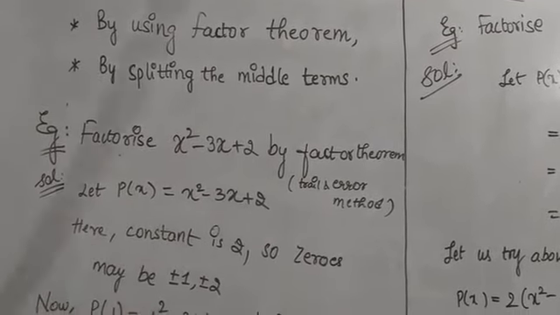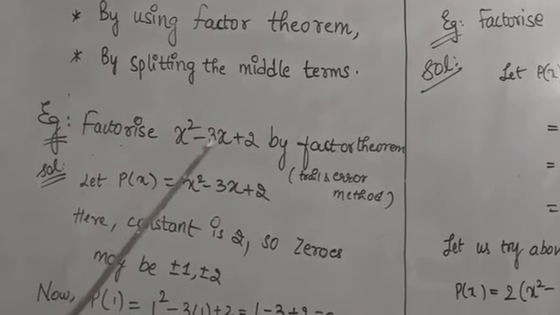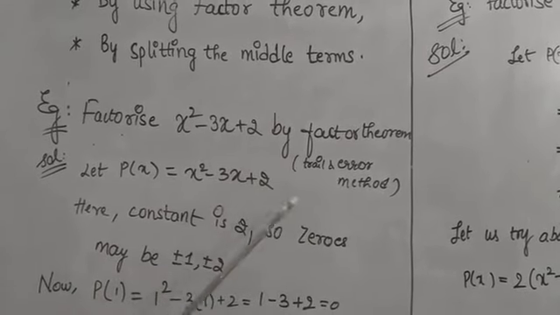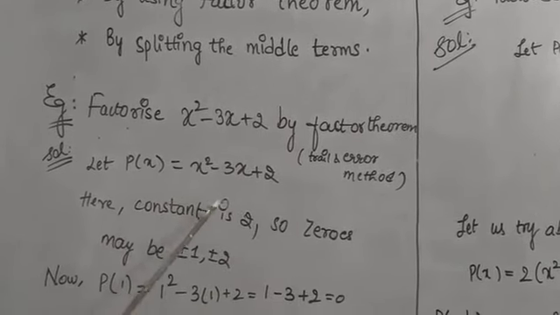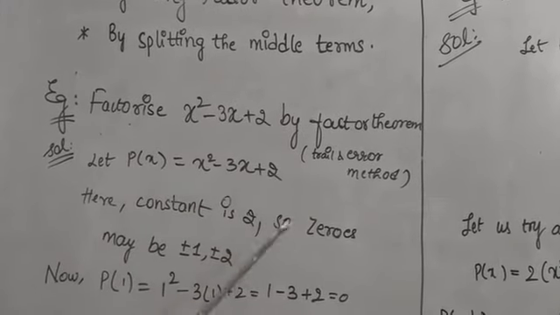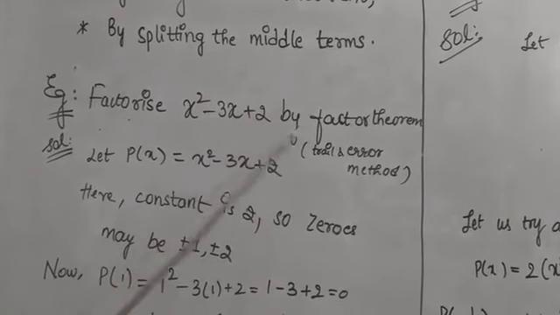This factor theorem method is a trial and error method. You have to identify the zeros and check whether the remainder is 0 or not. If it is 0, consider it a factor. If the remainder is not equal to 0, you need to go for another factor. So for this, a simple trial and error trick, I can say.